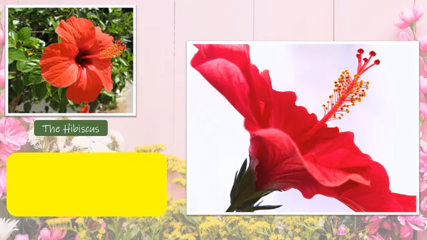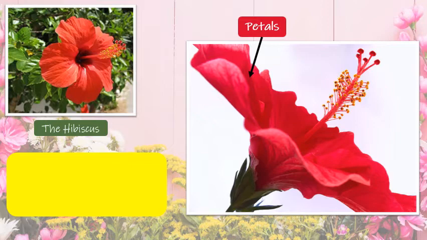The hibiscus flower has beautiful petals. So the colorful part of the flower, and this part comes in different colors, different shapes, different smells. This part is called the petals. These are the petals of the flower.